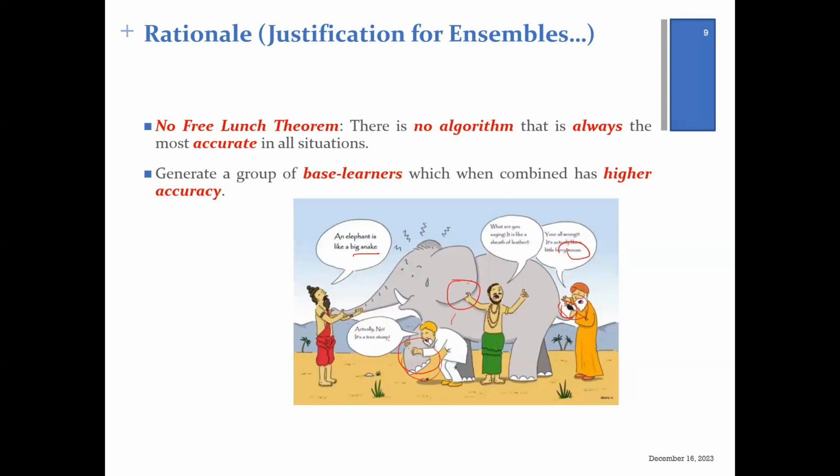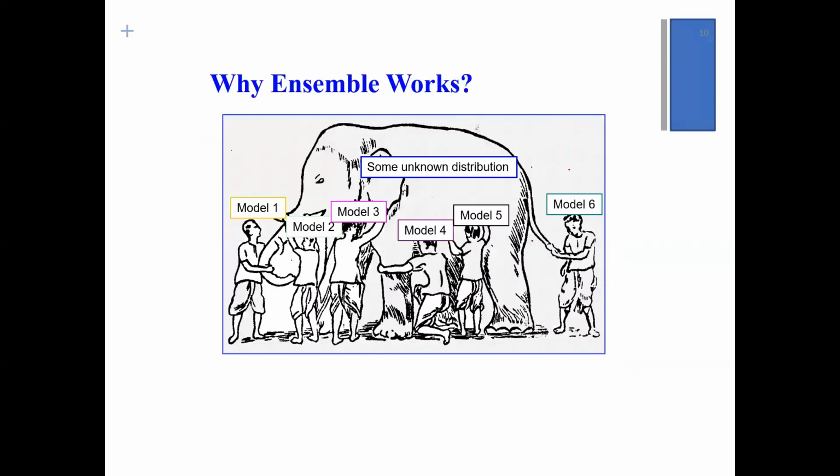But when you bring them together, you are able to get it right, especially on the principle of no free lunch. There's no algorithm that is always the most accurate in all situations. So generate a group of base learners, which are then combined to get higher accuracy, and this has been demonstrated. We have a model here, another model, another model. By the time you put them together, you'll be able to jointly take a better decision.